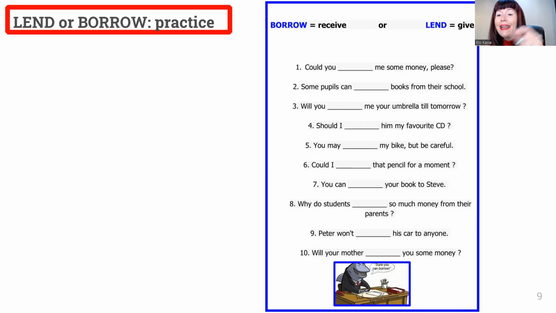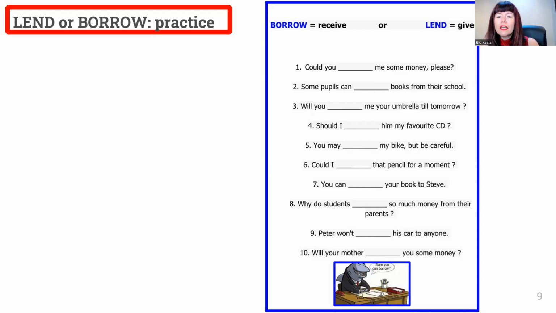Should I lend him my favorite CD? Well done. You may what my bike, but be careful. Is it you may give my bike or you may receive my bike? Or take, yeah? So you may borrow. Yes, you may borrow my bike, but be careful.